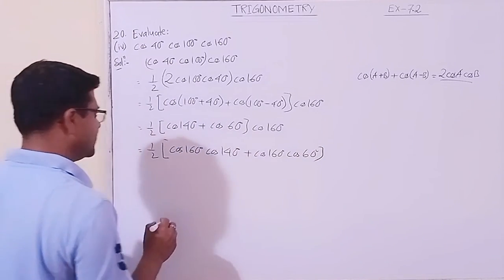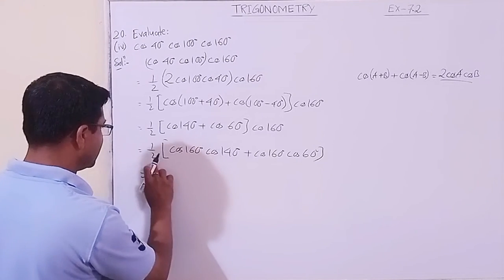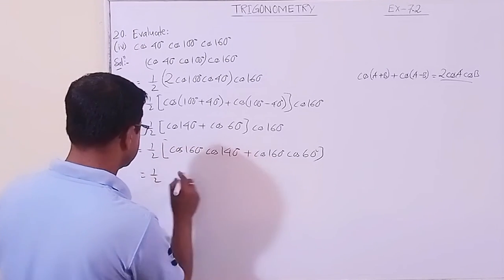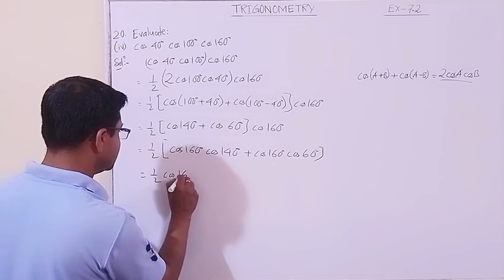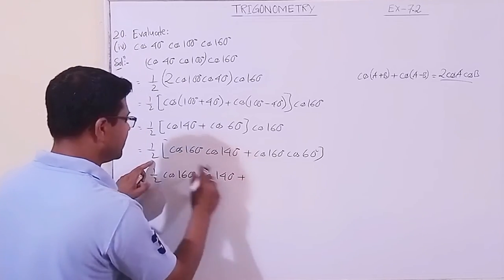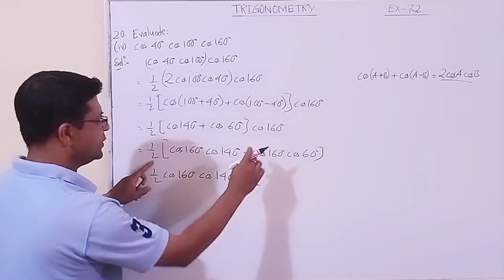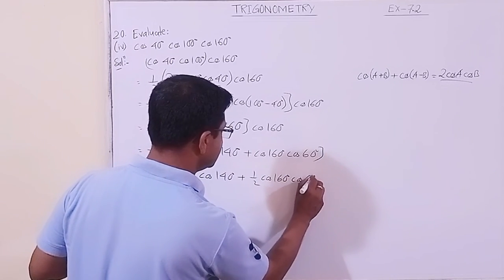Okay, now let us see how far we can proceed. Again what we do, we multiply throughout by this half, that is, let us separate these two terms, otherwise there will be confusion. Half cos of 160 cos of 140 degree plus half, this half into this, cos of 160 degree cos of 60 degree is done.